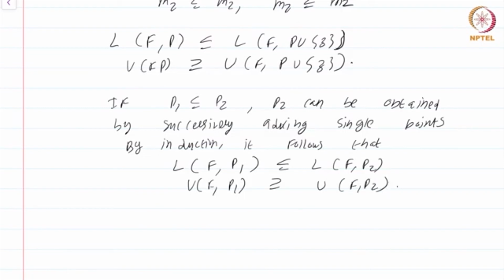An easy argument through induction finishes this proof that the lower sums will have to increase and the upper sums will have to decrease when you do a refinement.